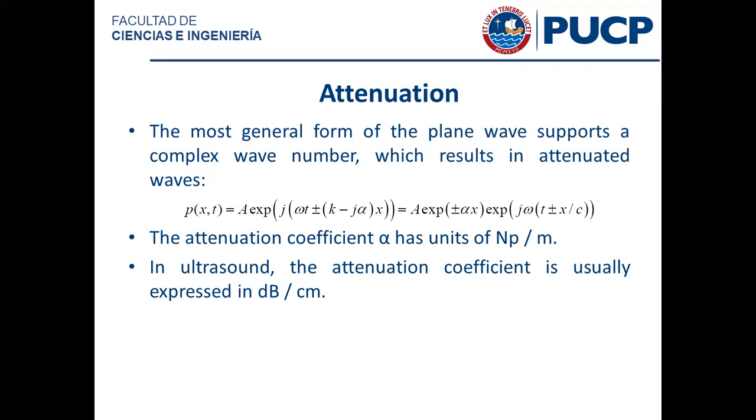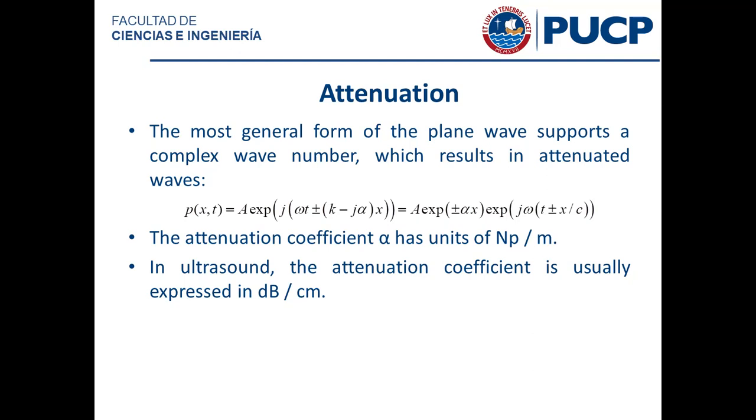Now in ultrasound, we typically express the attenuation coefficient not in Nepers per meter, but in decibels per centimeter. Moreover, we typically refer to the attenuation coefficient slope. An attenuation coefficient slope is nothing more than the change of the attenuation coefficient as a function of frequency, assuming a linear dependence.